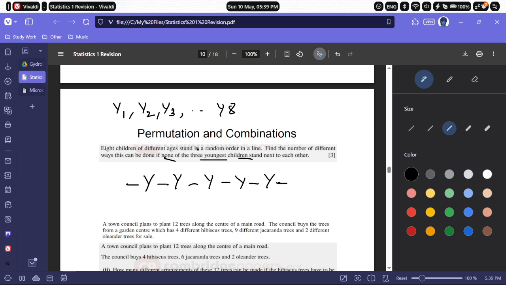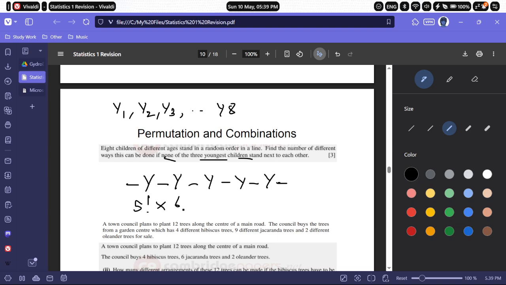And these five children which I've written, they are unique, right? So first of all, you start by arranging these five children, which is simply 5 factorial. Now after that, you have how many? You have 6 gaps, right? So in 6 gaps, you have to basically arrange three unique people.